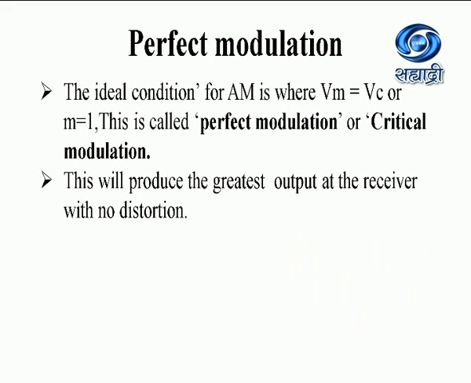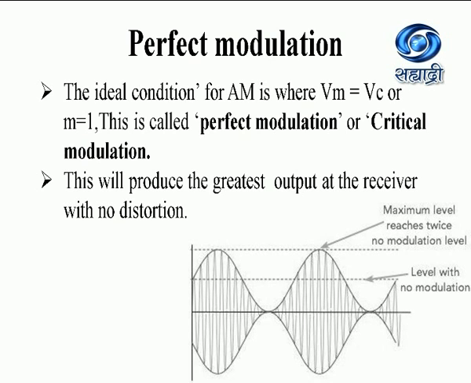Next is perfect modulation, or critical modulation. This is the ideal condition for AM, where Vm, the amplitude of the modulating signal, is equal to the amplitude of the carrier signal, or m is equal to 1. This is called perfect modulation, and it will produce the greatest output at the receiver with no distortion.